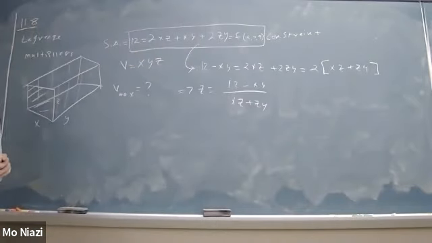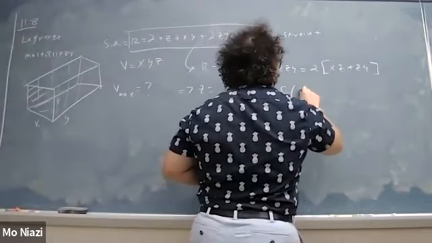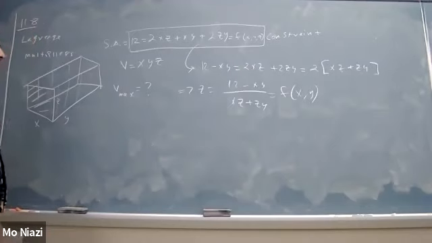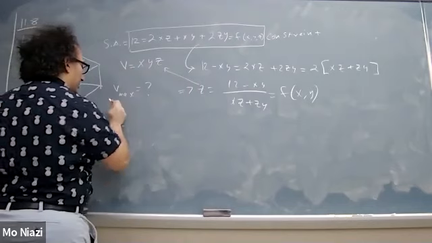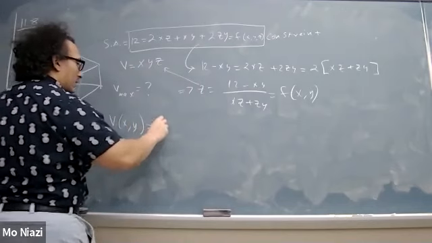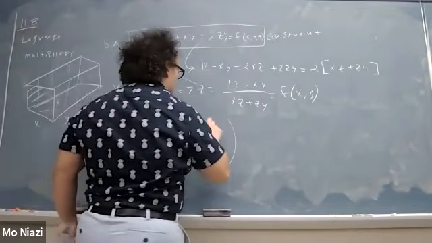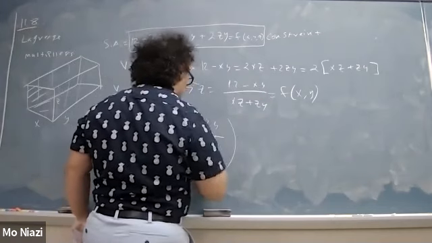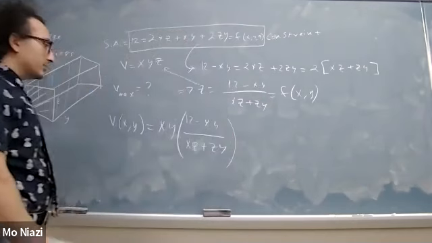Now that we solved for z, z just becomes a function purely of x and y, which is nice. Furthermore, we can now replace z in the volume equation, and our volume equation will be in variables x and y only. So it'll be x times y times our new z, which is (12 minus xy) divided by (x plus y).